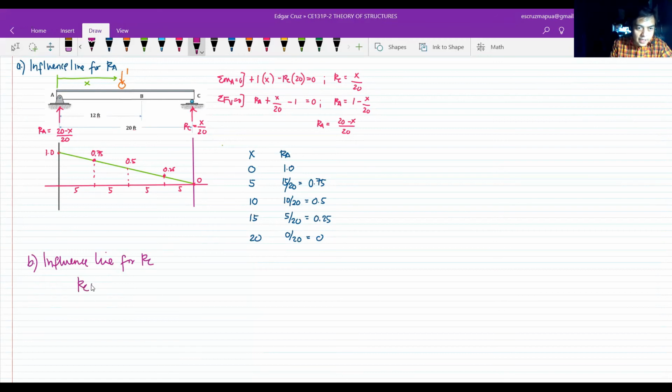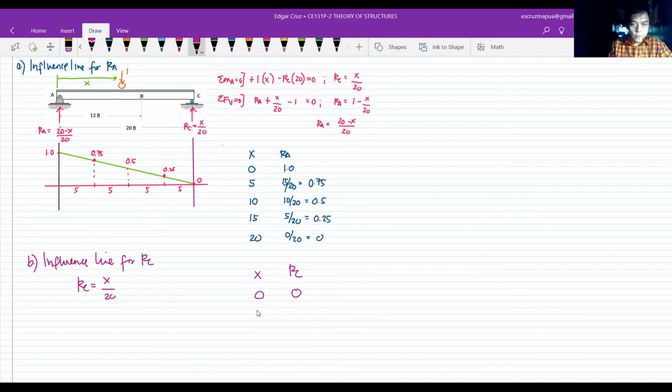Na-solve natin yung RC as a function of x is x over 20, yung reaction dito sa support roller C. Okay, so gagawa lang tayo ng ganun din, no? At x is 0, what is the RC? Okay, so when x is 0, using this equation, RC would be 0, diba?